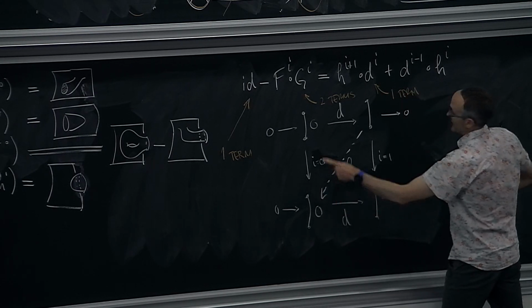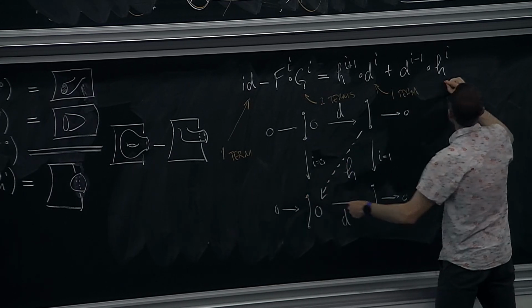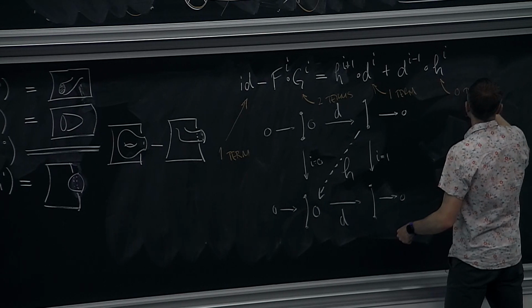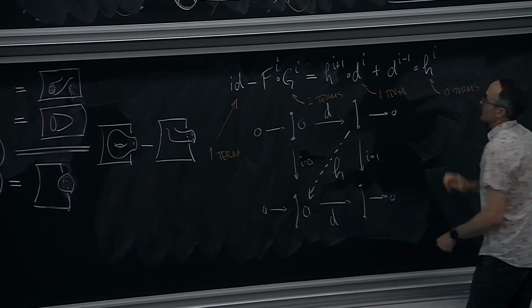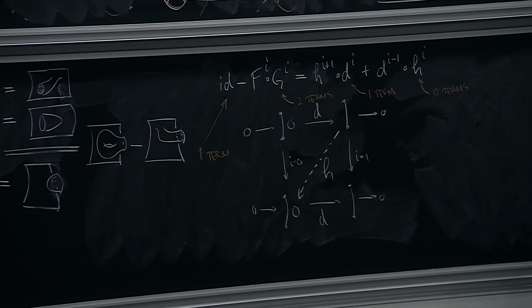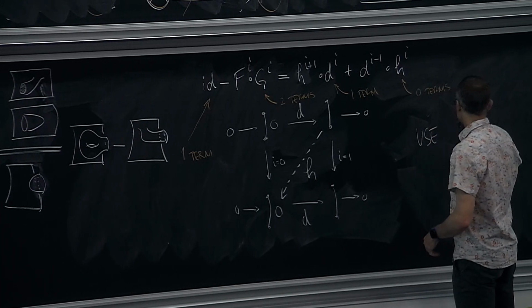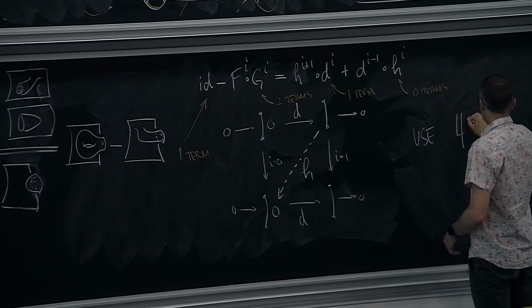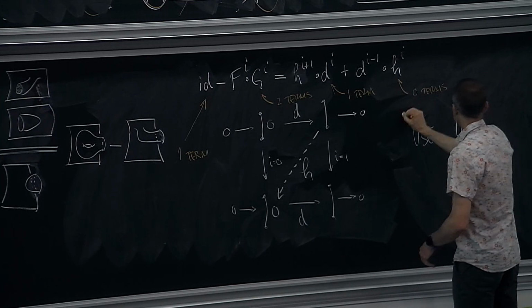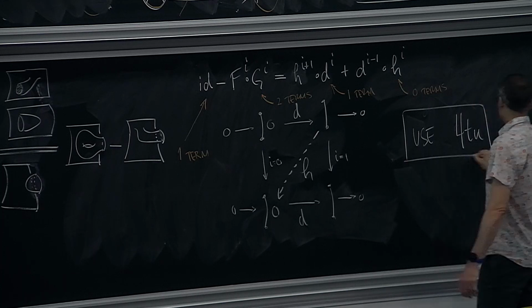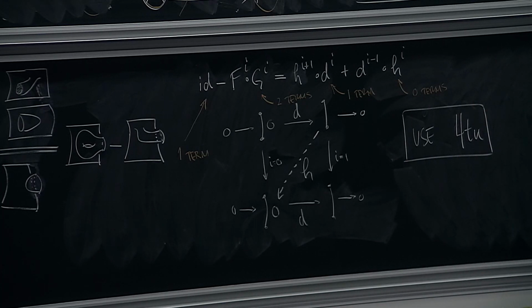But doing H first, which is nothing, and then D, this will have 0 terms. So I'll have a linear combination of 4 terms, and in the exercise this afternoon we'll use 4TU to show that this actually gives a sum of 4 things that sums to 0. We'll just try to build the 4TU operation out there.